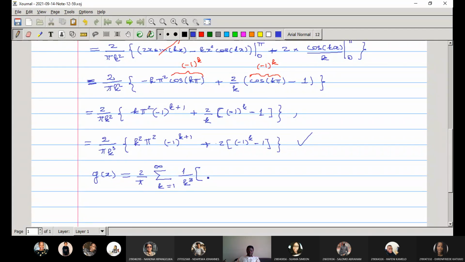That is k square pi square -1 to the k plus 1 plus 2 into -1 to the k minus 1, like this, into sine kx.